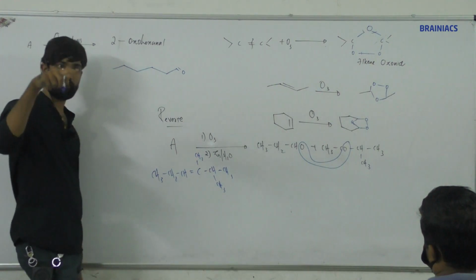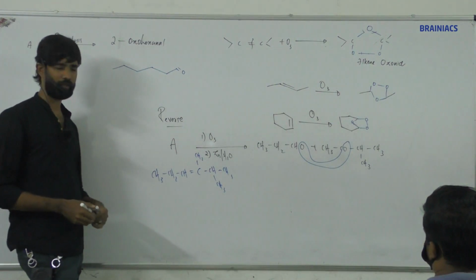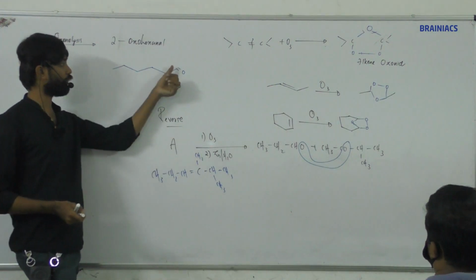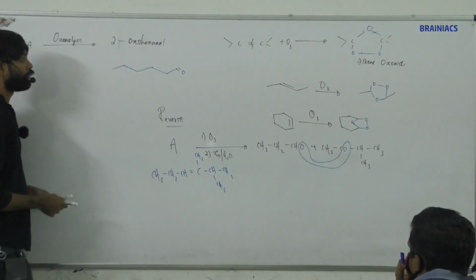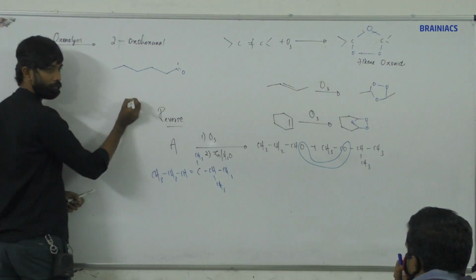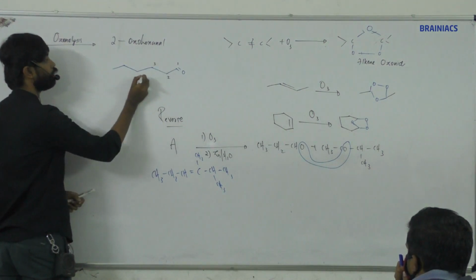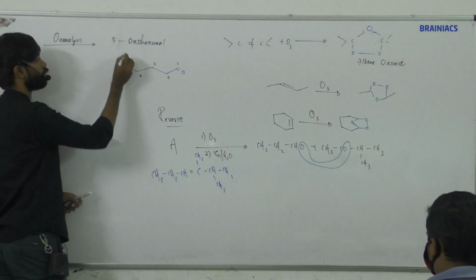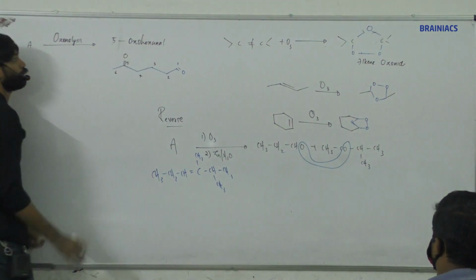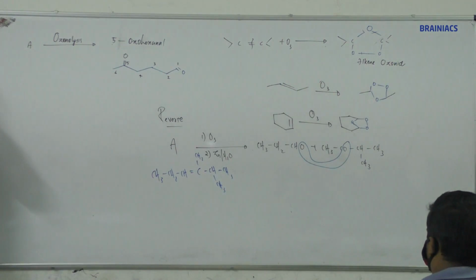Aldehyde means a terminal position has a double bond to oxygen. This aldehyde 1, 2, 3, 4, 5, 6. Ready? Okay. So this is carbon number 1, carbon number 2, 3, 4, 5, 6. This is 5 oxo. I'm sorry, 5 oxo. 5 oxo hexanal. So this is the molecule.